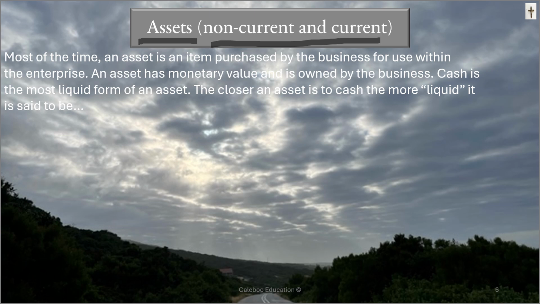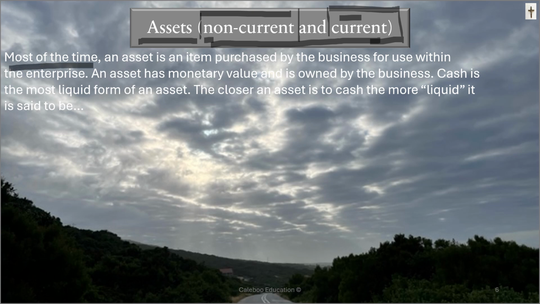Remember, in accounting, when we talk about non-current, we're looking at a period greater than 12 months, whereas current, we're looking at the current 12 months that make up our financial year. So non-current would be a long-term asset, and let's say a current asset would be a short-term asset.